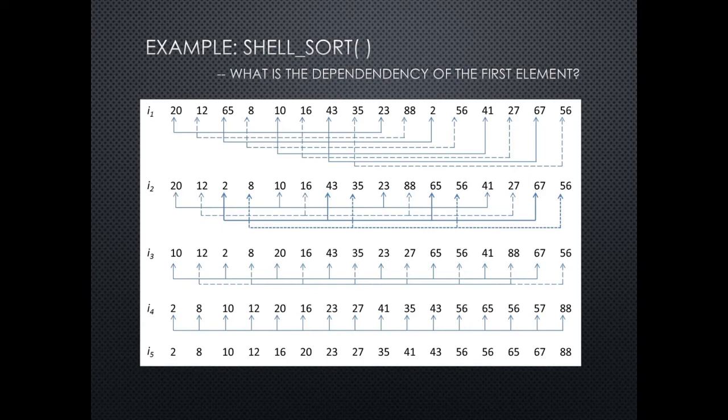And when it's all said and done, the first element could potentially be dependent on every or any other element within this array. And likewise, any element in this array could have a data dependency on any other element in the array. And as you can tell, this exponentially starts to take off with crazy amounts of data dependencies.